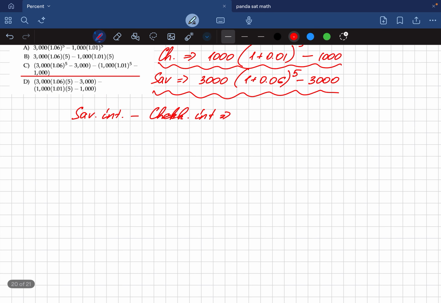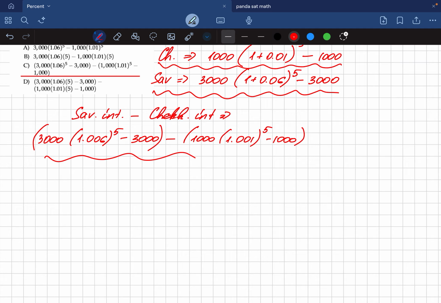So this is going to be 3,000 times 1.06 to the power of 5 minus 3,000, minus 1,000 times 1.01 to the power of 5 minus 1,000. Let's just take it as this. And the answer is C.